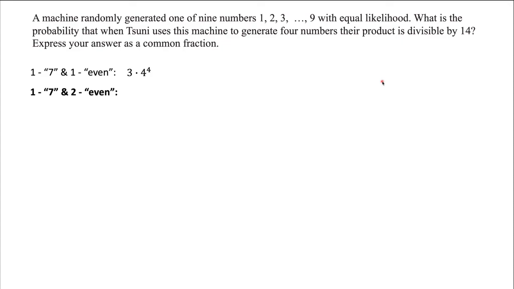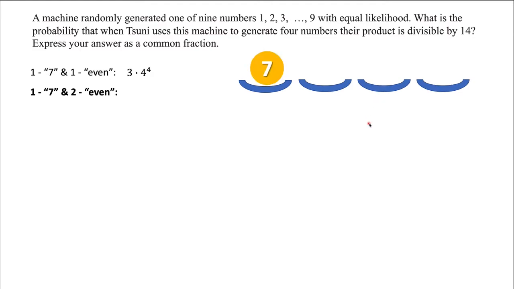So the second thing we're going to consider is when we have 1 seven and 2 even numbers. Again, our 4 positions. We put 7 somewhere, and there are 4 ways to do it. And then we want to put 2 even balls into the remaining 3 places.